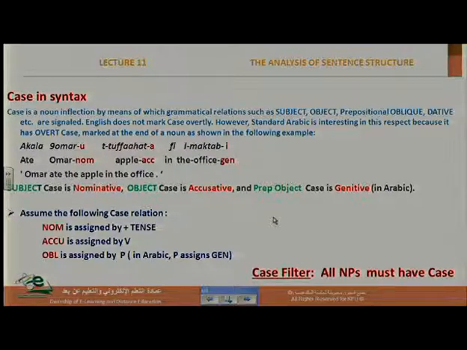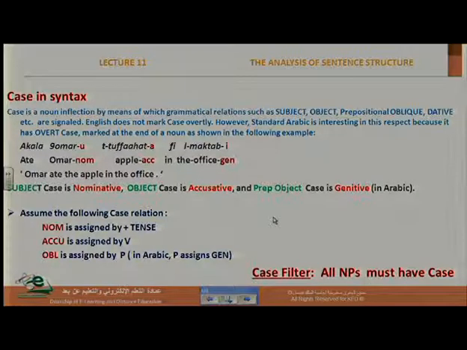This also means that if tense is not there, that is, if the inflection of tense is minus tense, like in the infinitive or in the ing form, then the tense inflection cannot possibly assign case. And therefore subjects, in fact, we will see, will not be licensed, will not be allowed to show up in their positions.